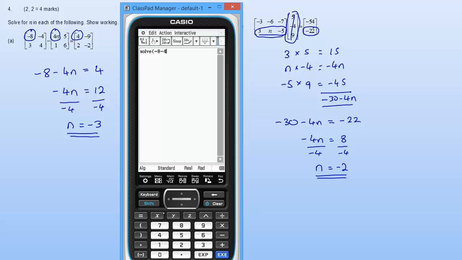You can use n, but it's best to use just x here because you don't have to then tell it you're solving for n. Equals 4. And that would give me the x is -3. So when you get to the equations, you can solve them on the calculator if it's calculator assumed, obviously. You can't if it's not.